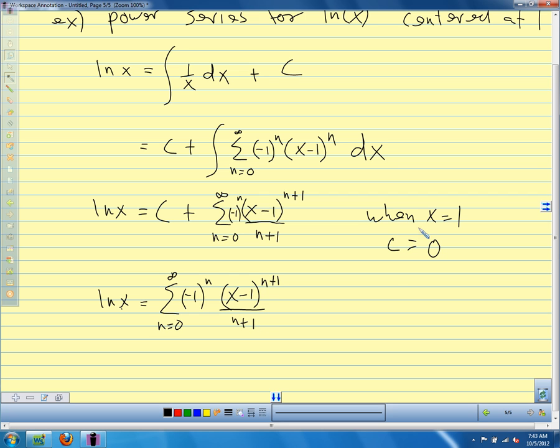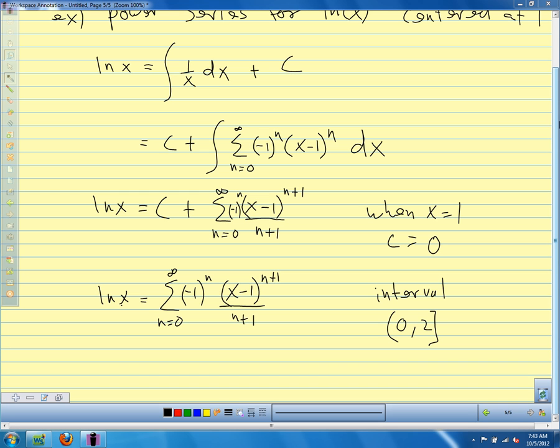If we test the endpoints, we find that the interval of convergence is (0, 2] for this power series. And when we worked with our conditionally convergent alternating series, I wrote an expression for the natural log of 2.